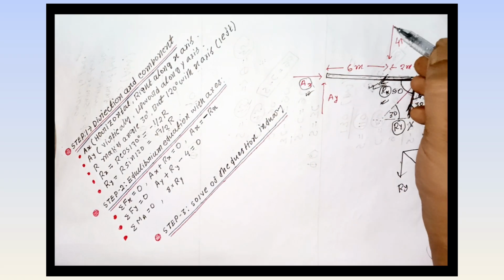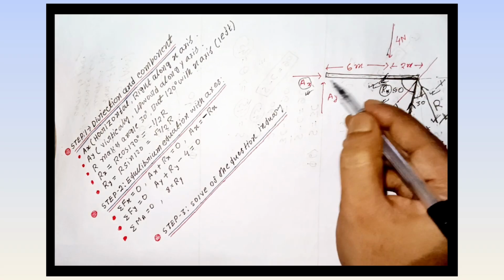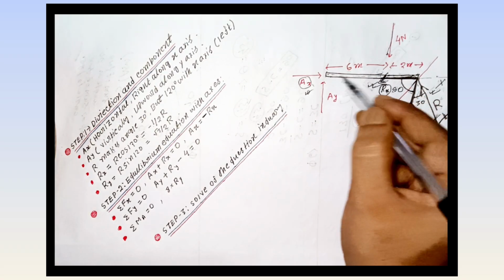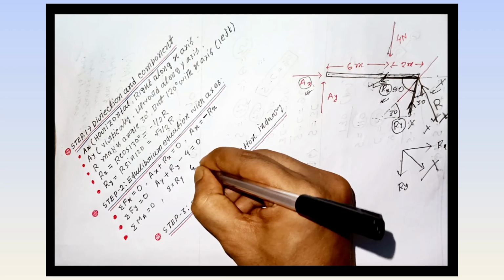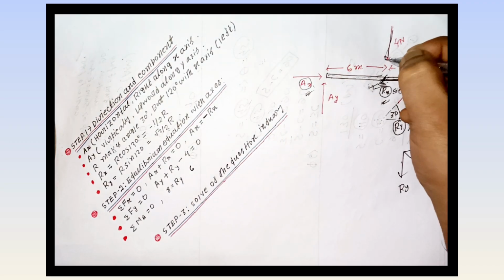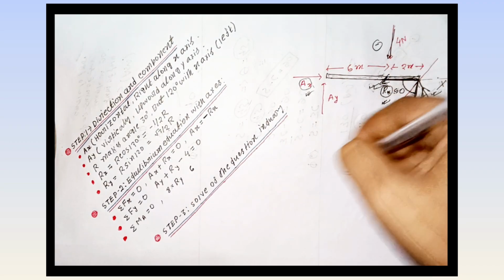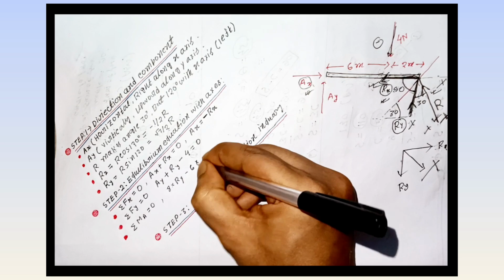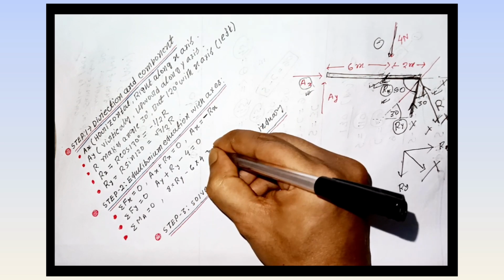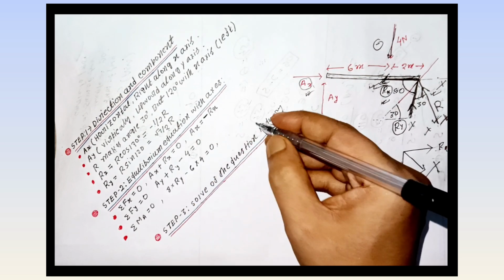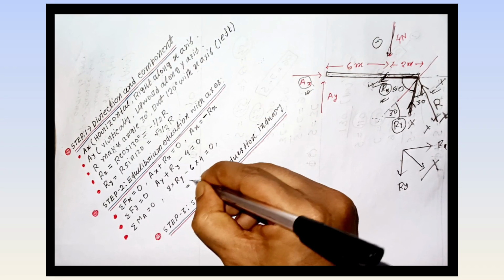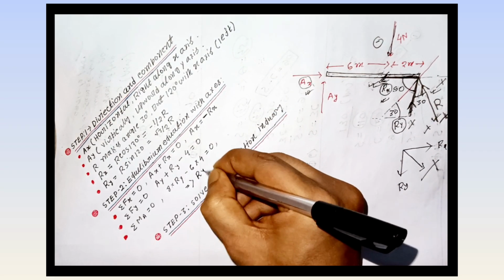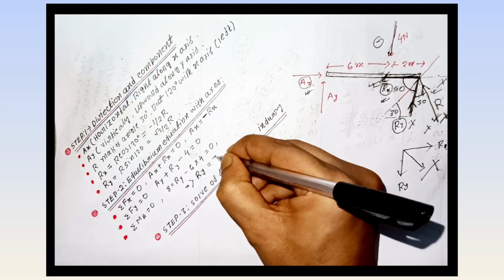This is 6, this is 4 perpendicular. So 6 into minus 4, downward, not upward, equal to 0. 6 into 4 is 24, so Ry equals 24 by 8, that is 3. Ry equals 3. Yes or no?